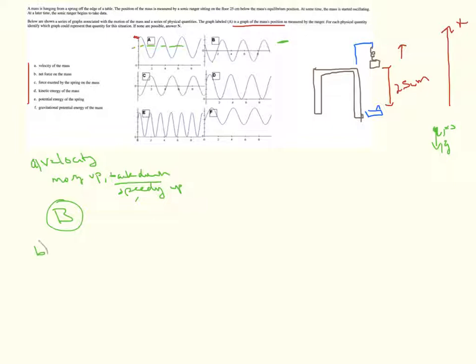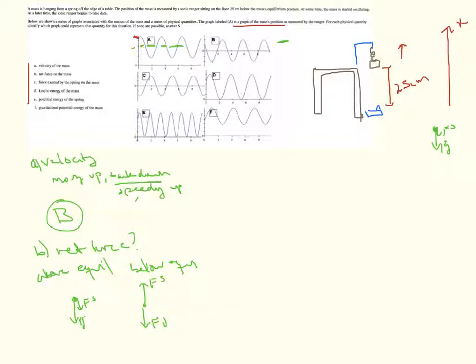Okay. So now the net force. Again, if I think about my diagram, when I'm above equilibrium, I have the force of gravity, and my spring force should be this way always. And when I'm below equilibrium, my force of gravity will still be down, but my spring force should be back up, right?